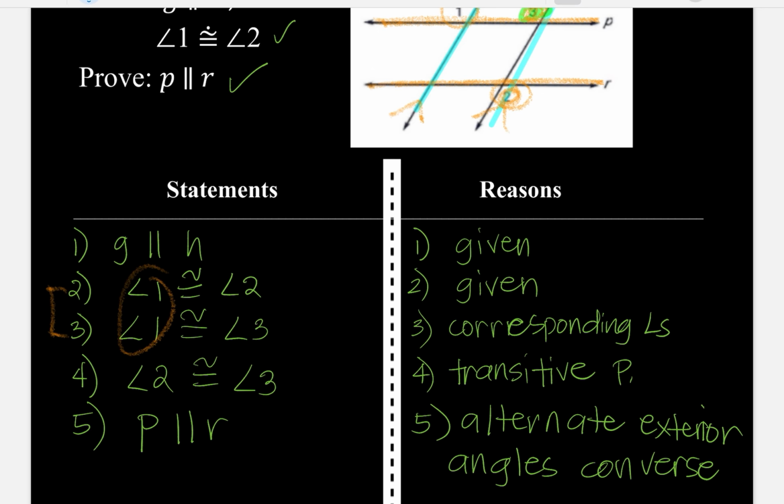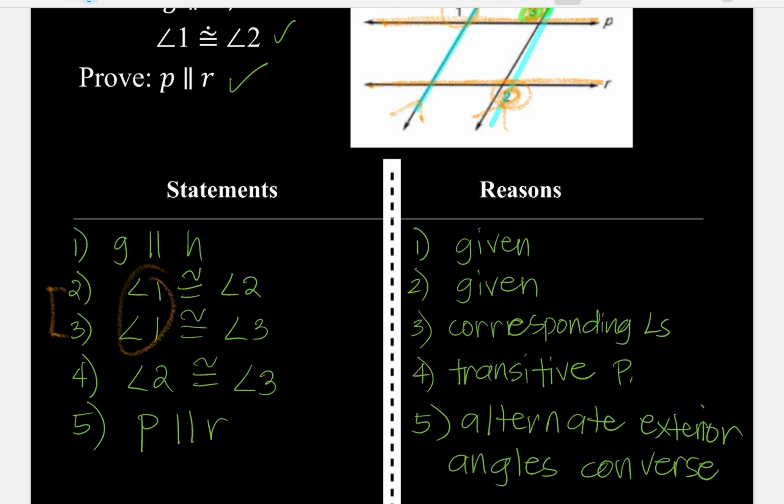Again, we are attaching the word converse because we are to prove that two lines are parallel from the given congruent angles, or we have shown that there are two congruent angles that are attached to each of these lines.